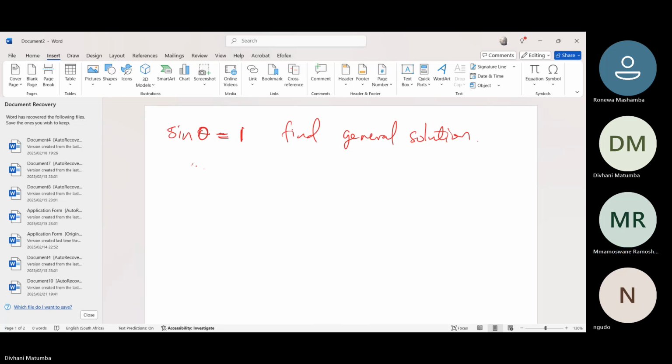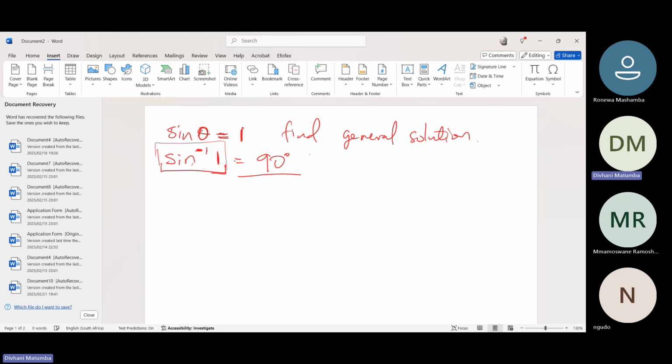Isn't it theta is equals to arc sine 1? Yes, that's true. So you have to go to your calculator and type arc sine 1. If you can see this symbol on your calculator, you press it and you press 1. So what is it that you're gonna get? Arc sine of 1 is 90 degrees.